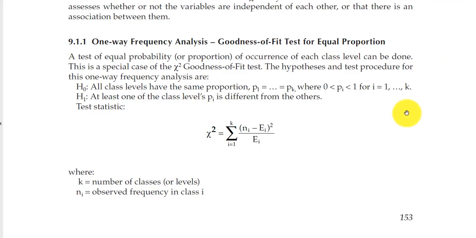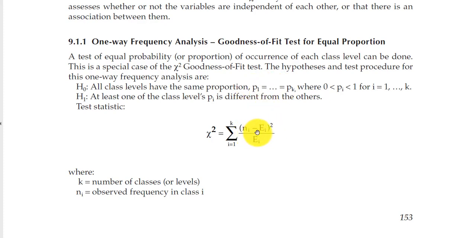Okay, so there are 2 different ways to do that. First, the test, do they all occur with the same proportion? P1 equals P2 up through P sub K, where K is the number of classes we've determined. How the test statistic is calculated is: how many did you observe in that classification minus how many did you expect under this null hypothesis.